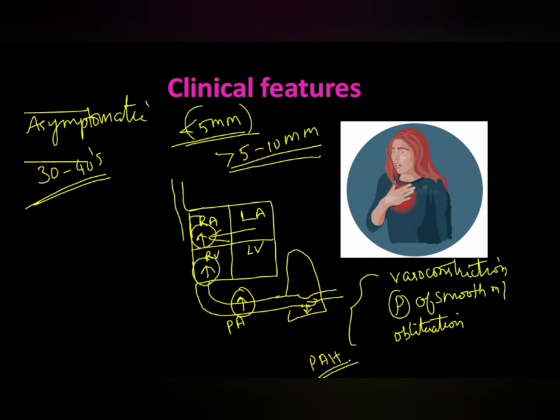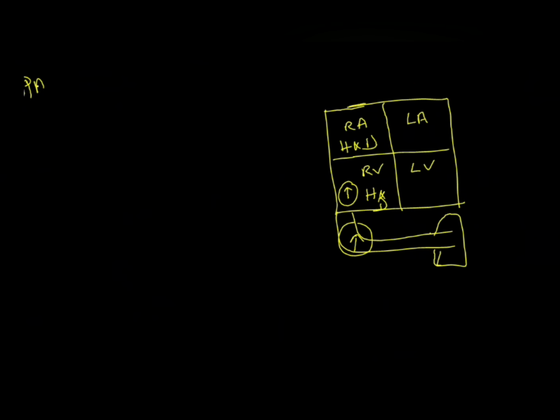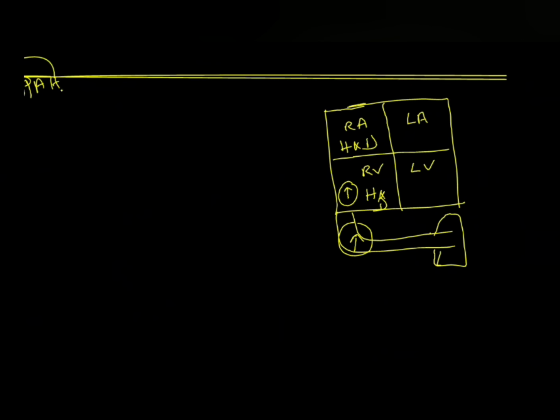So these patients can present with pulmonary artery hypertension, which can result in right ventricular and right atrial hypertrophy and dilation.